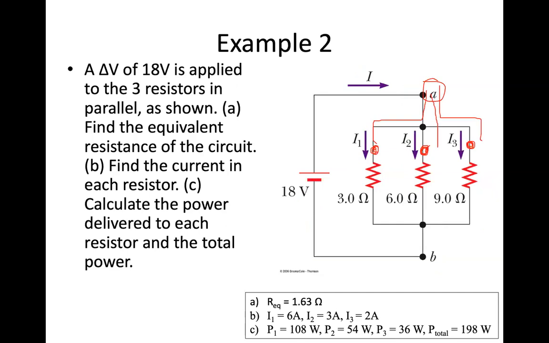So far, all of their top sides are good. What about all of their bottom sides? Can all of their bottom sides flow uninterrupted, say, to that point? Can it? Yes. Can it? Yes. And can it? Yes. So check and check. They are in parallel.